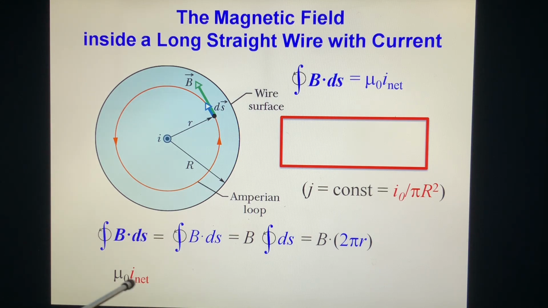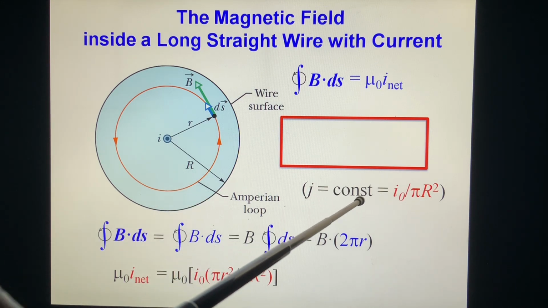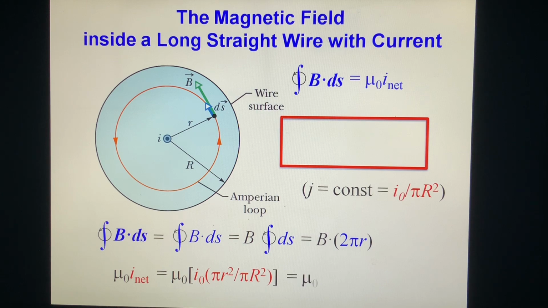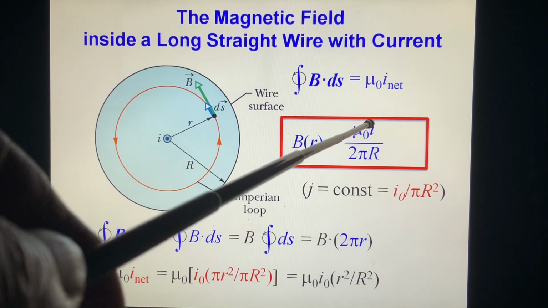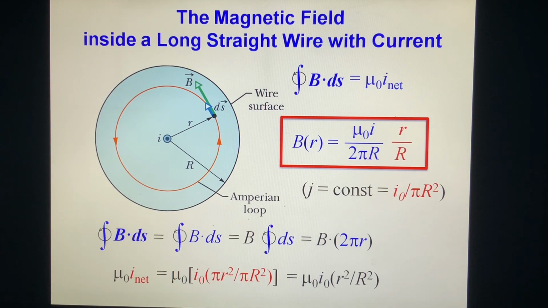This is the total I times the ratio of the areas, where we suppose the current density is constant. Then we set them equal and find B. B equals mu 0 I over 2 pi R times r over R. Remember, this formula is different from that in the textbook. We use this formula.